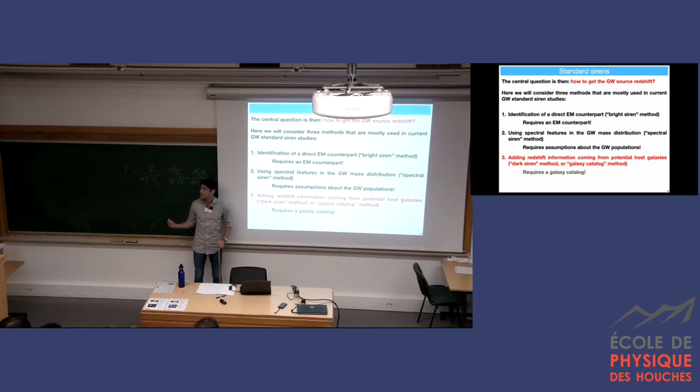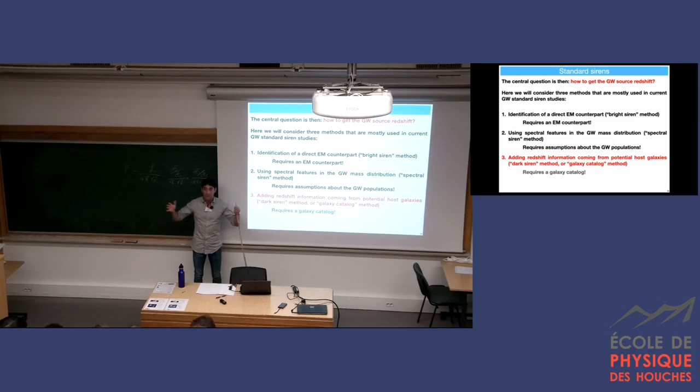Why? If I have a very well localized GW source and a galaxy survey that covers that patch of the sky, we can assume that the GW source is hosted by a galaxy.